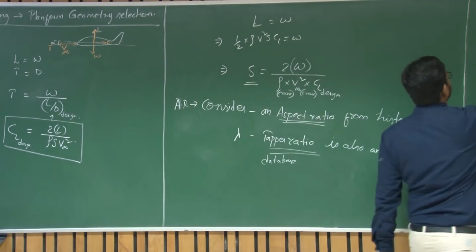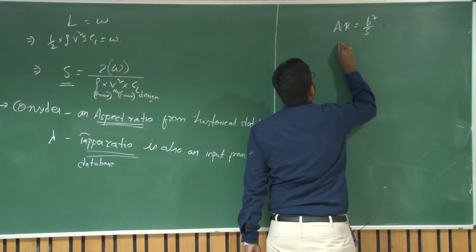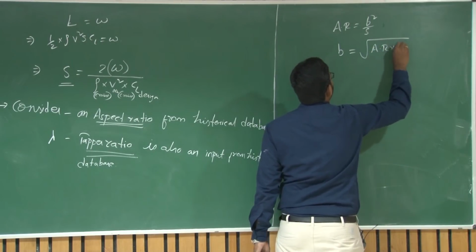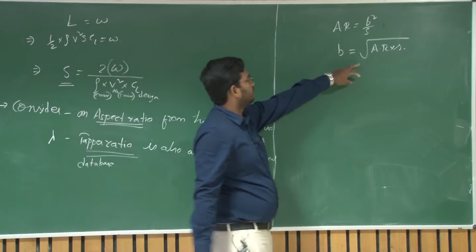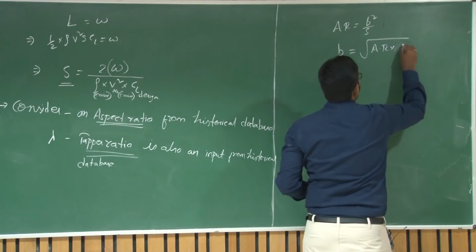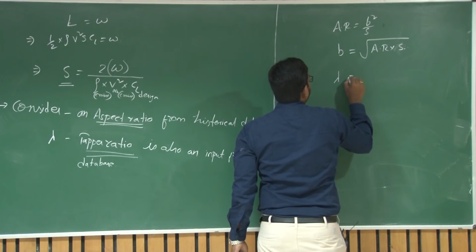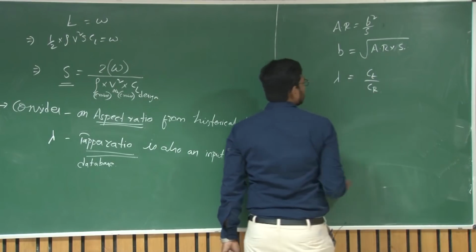So what is aspect ratio? b square by S. So the corresponding span of the system will be, so now you have the span of the wing, aspect ratio times the planform area or the reference area, and we have lambda equals Ct by Cr.